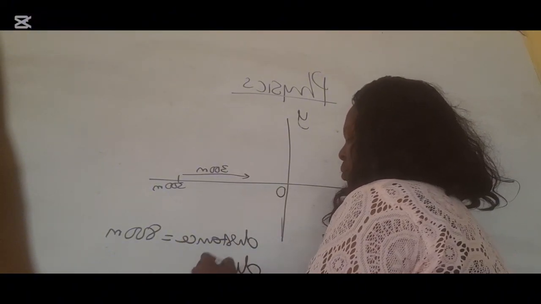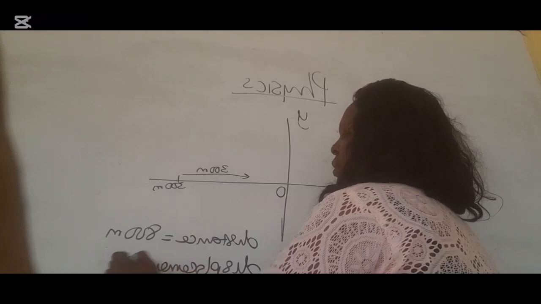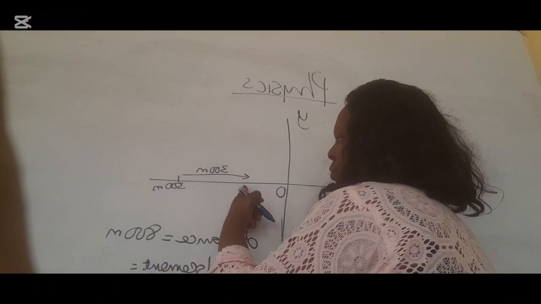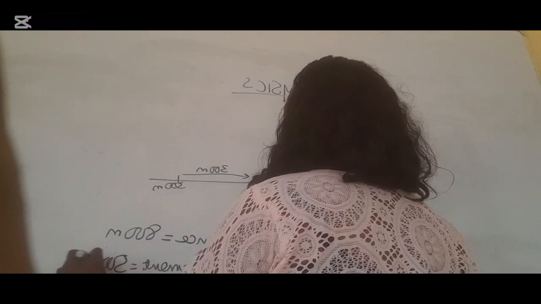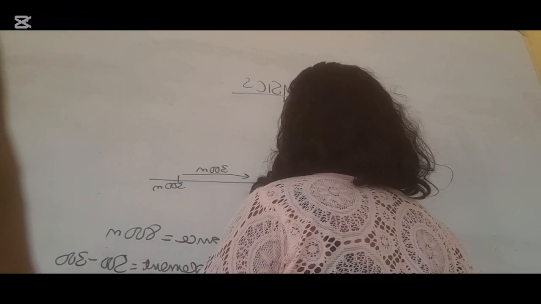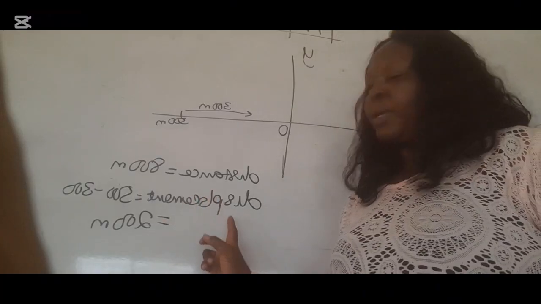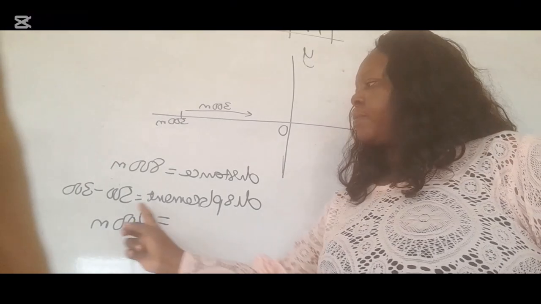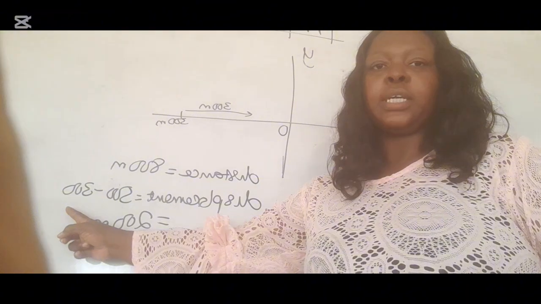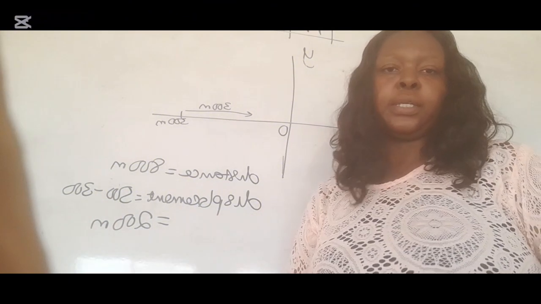So his displacement is going to be what? 500 minus 300. His displacement will be 200 meters.